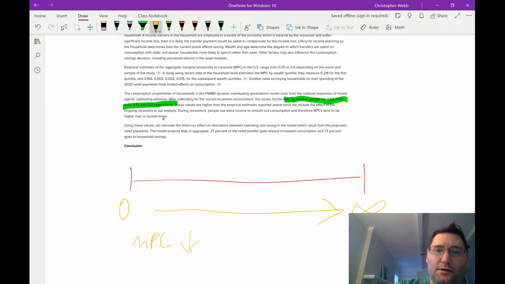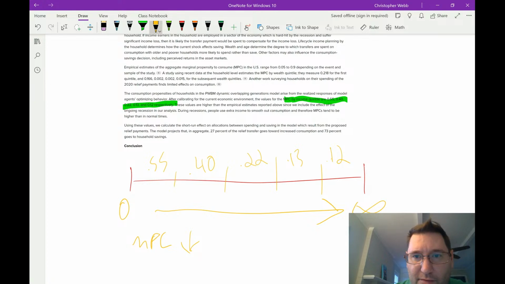We can see here the first section, 0.55. Next section, 0.40. 0.22, 0.13, 0.12. I guess I should have said top 20% instead of 25. I think I read 25 somewhere, but now I see it, that we are in the top 25%.